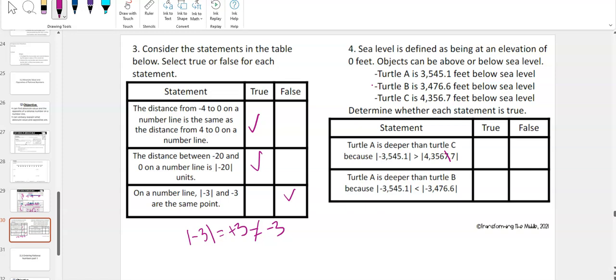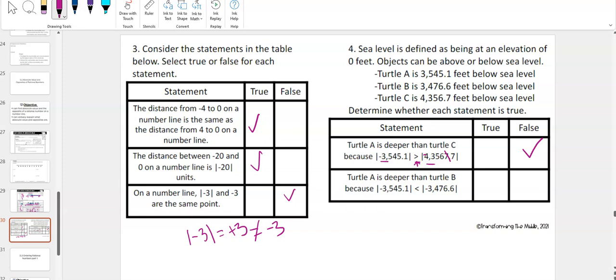And the answer is false, because 3,000 is not greater than 4,000. So when you do the absolute value, it doesn't matter that this one's not negative, which it should be. When you do the absolute value, the inequality sign is not correct.